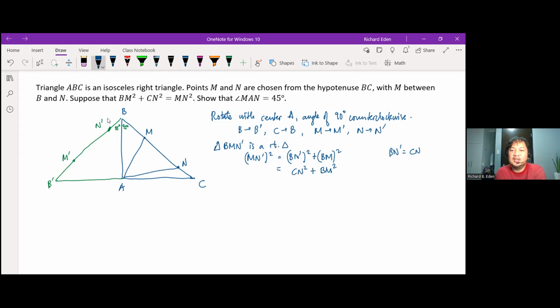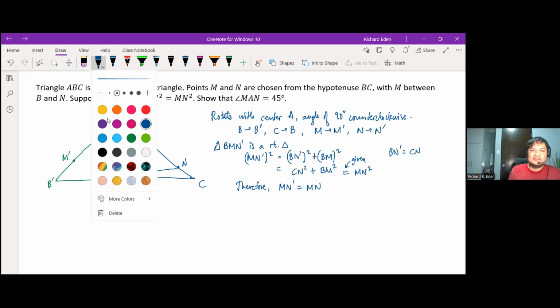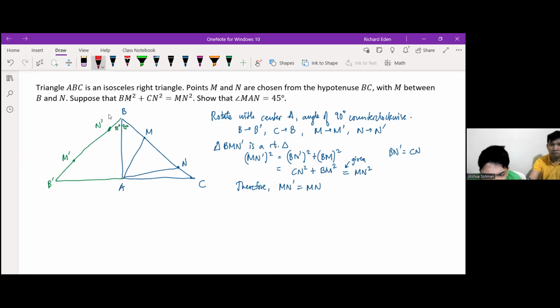But from the given, this is precisely what the given involves: BM squared plus CN squared equals MN squared. So therefore, MN prime must be the same as MN.